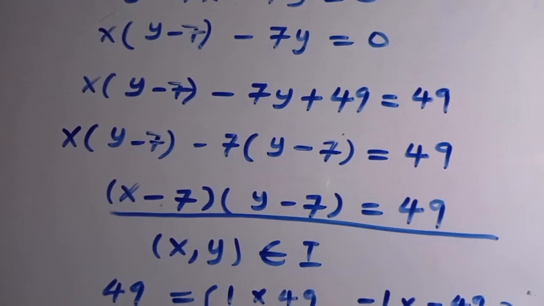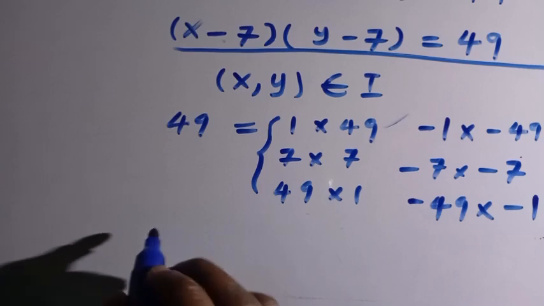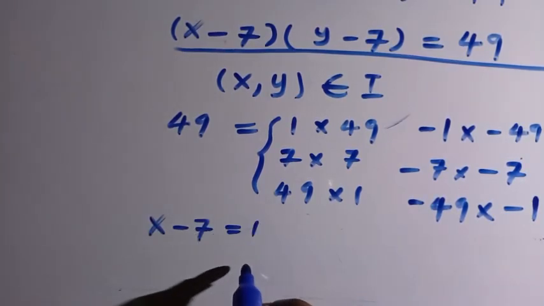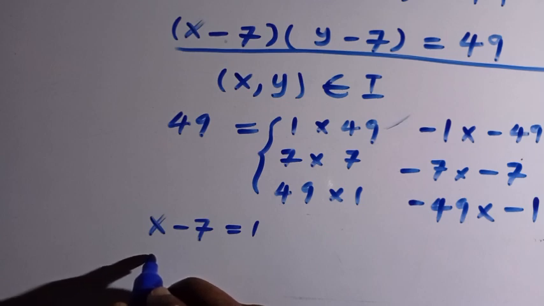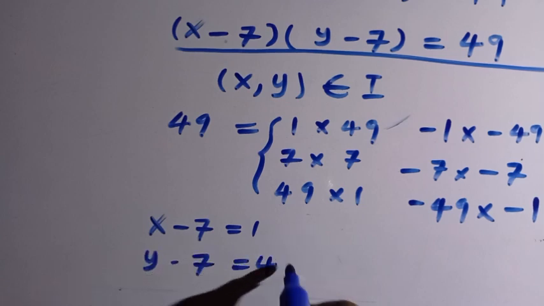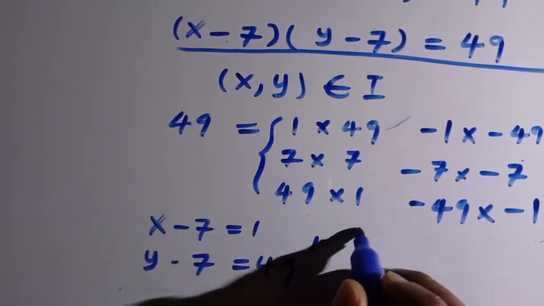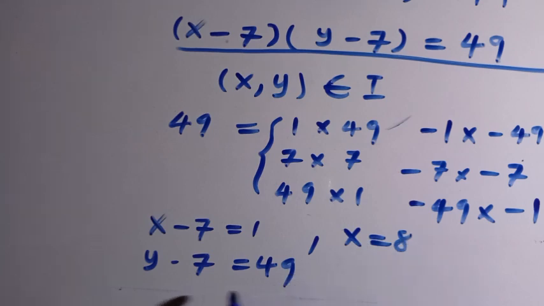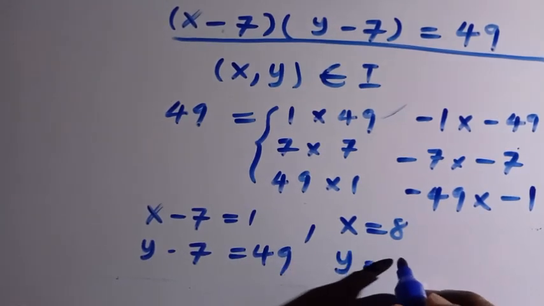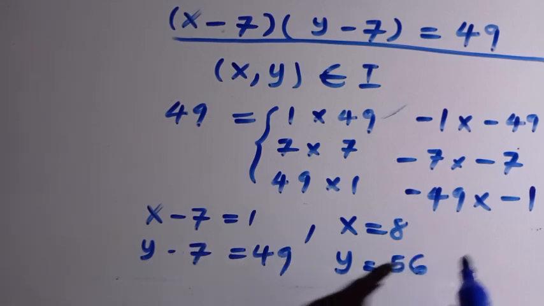For the first case, x minus 7 equals 1, and y minus 7 equals 49. When we transfer the 7 to the other side, we are going to have x equals 8, and y equals 56.